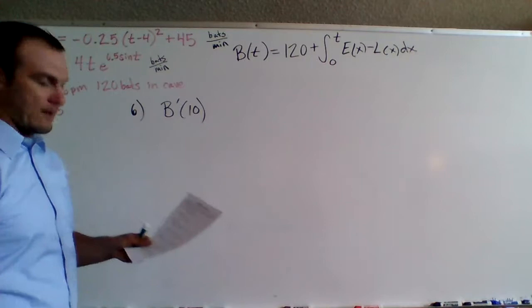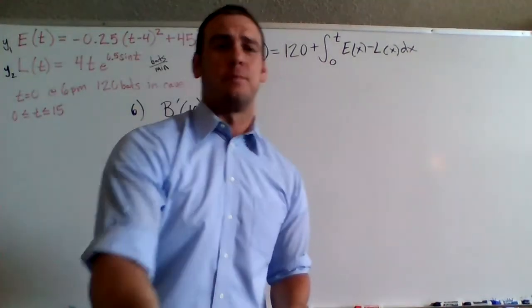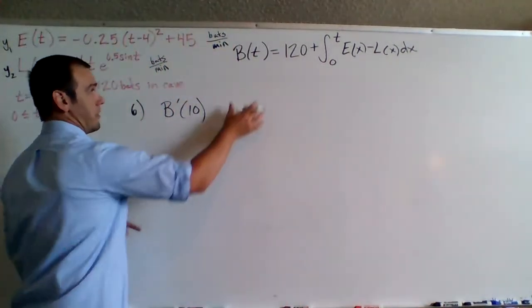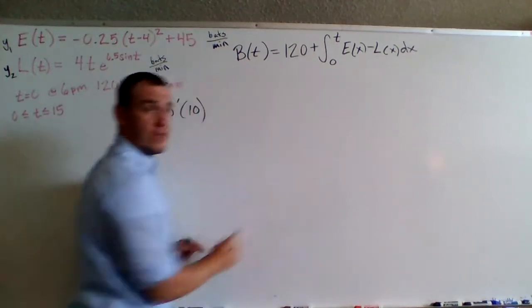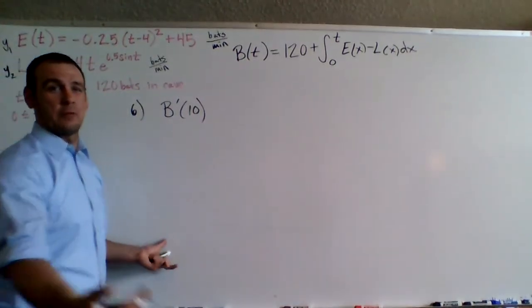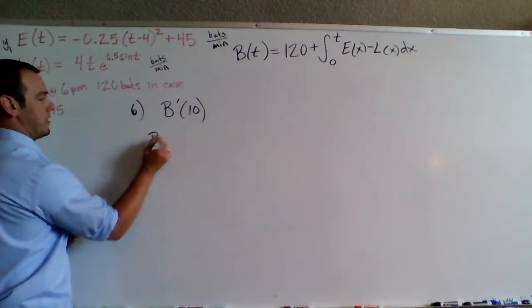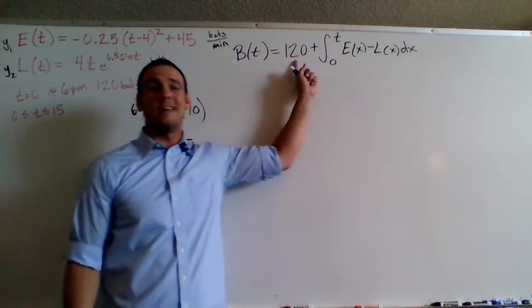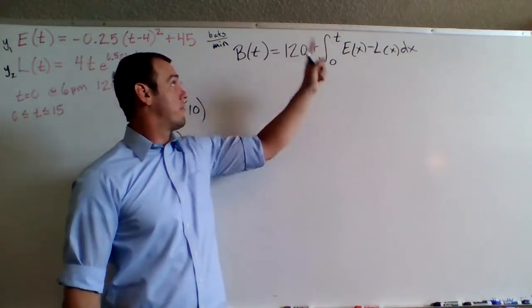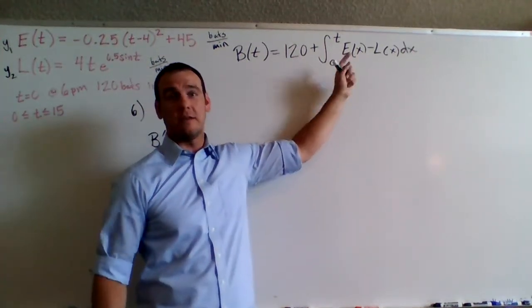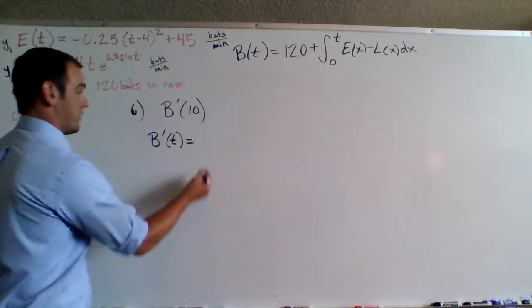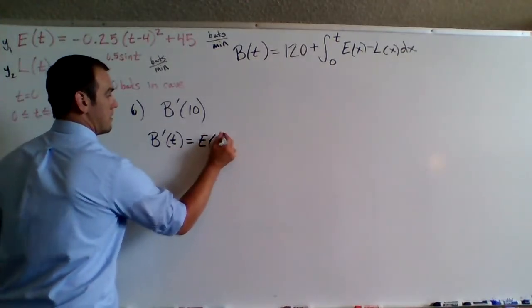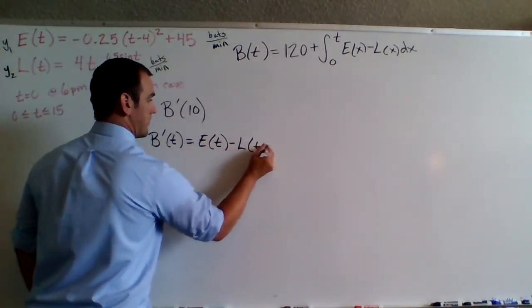Number 6, we've got to calculate b prime of 10. Okay, so before I find b prime of 10, I'm just going to find b prime. So understand b prime, this is my equation for b of t. I just want to take the derivative with respect to time. So b prime of t, the derivative of 120 goes away. The derivative of an integral basically just cancels, and we're going to be left with e of t minus L of t.